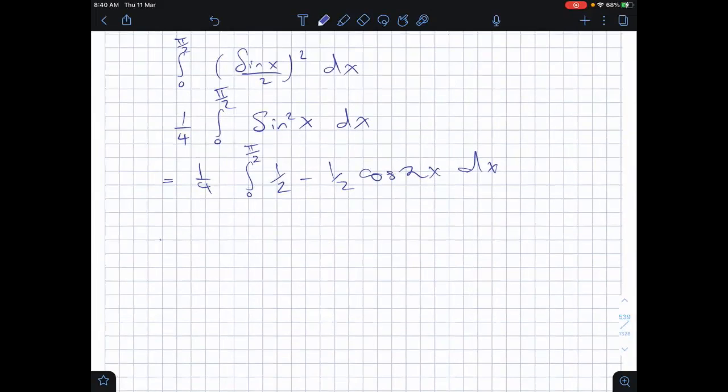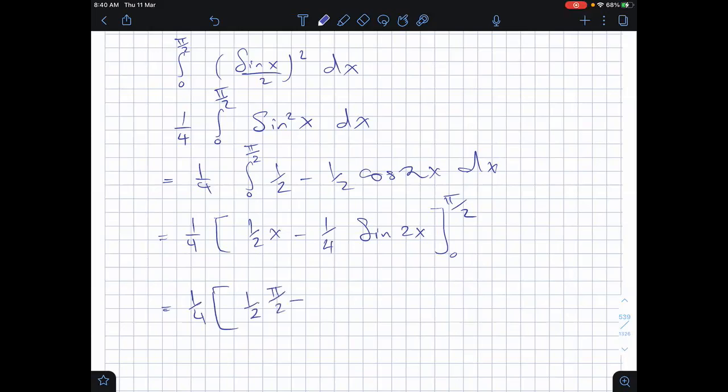This equals 1 over 4 times [1 half x minus the integral of 1 half cosine 2x, which is 1 over 4 sine 2x], from 0 to pi over 2. Substituting pi over 2 we have 1 over 4 times 1 half pi over 2 minus 1 over 4 sine pi, which is 0.